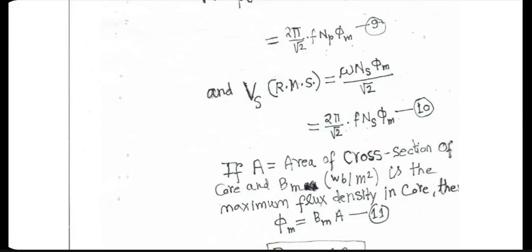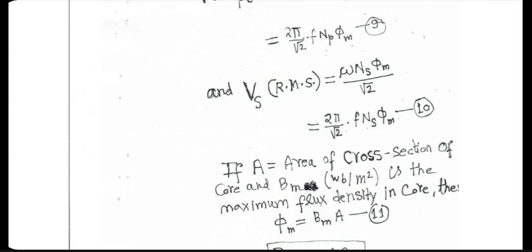Commonly, it is a Bm value that is given to you rather than phi m. The unit for Bm is Weber per meter square. It is also known as Tesla. 1 Tesla is 1 Weber per meter square.